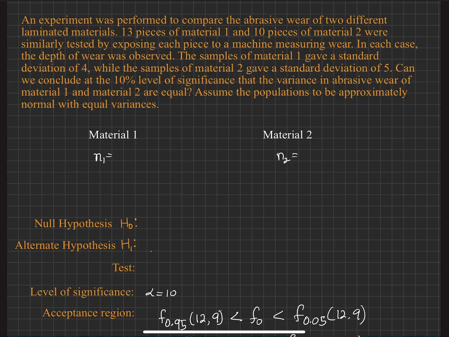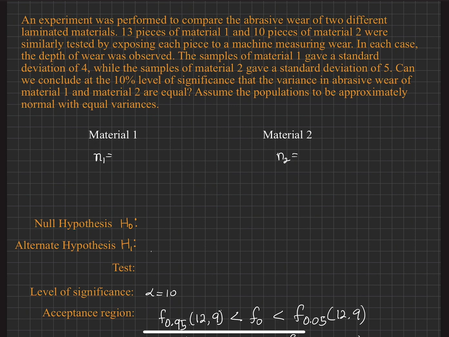In each case, the depth of wear was observed. The sample of material 1 gave a standard deviation of 4, while the sample of material 2 gave a standard deviation of 5. Can we conclude at the 10% level of significance that the variances in abrasive wear of material 1 and material 2 are equal?